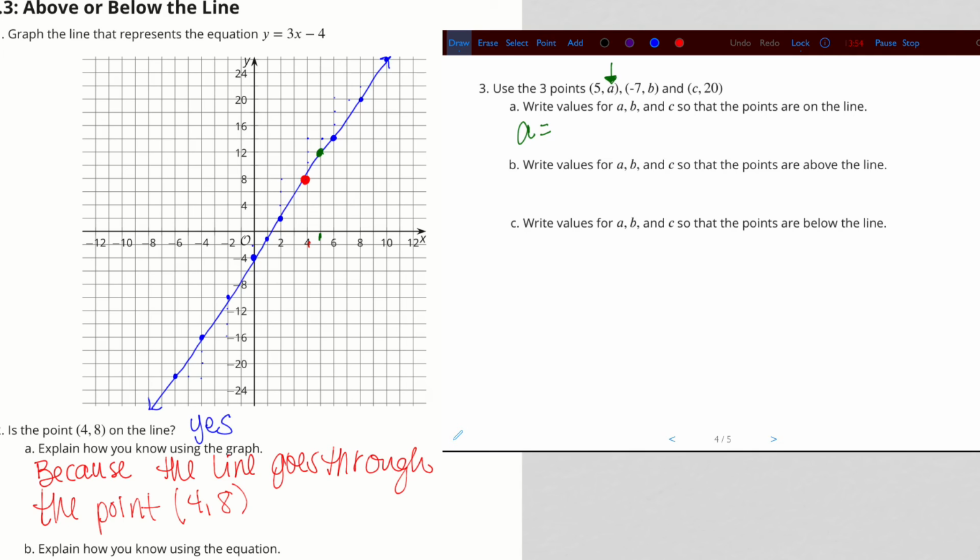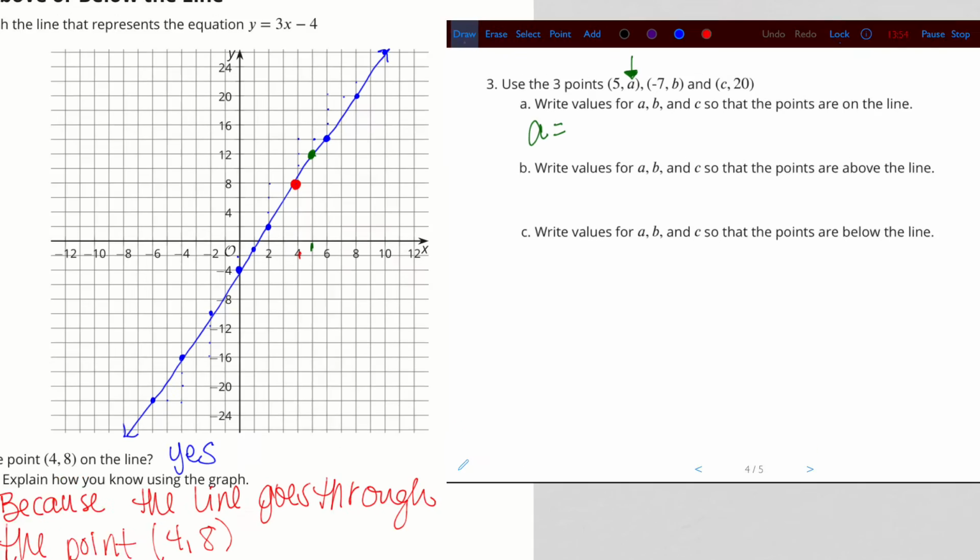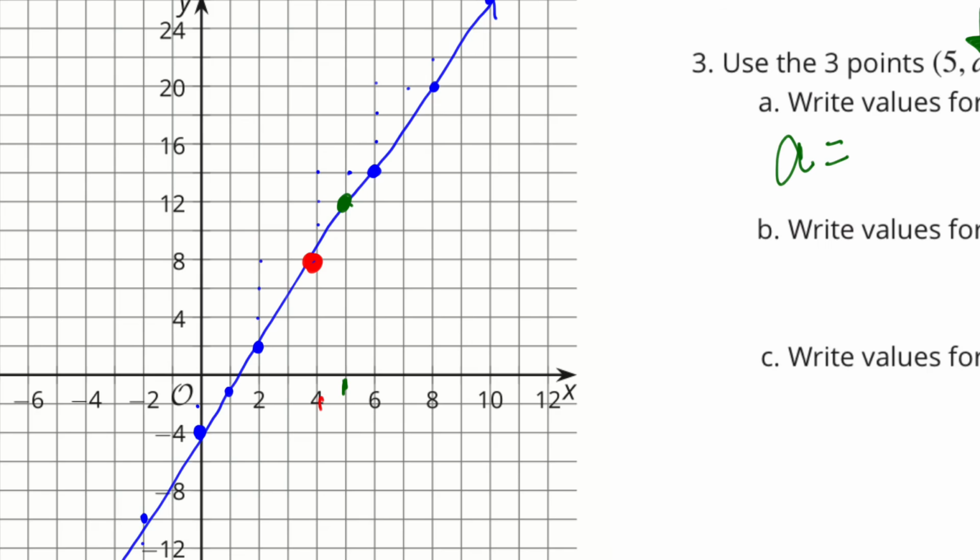So we have our x value, which is 5. If I look up on my graph from 5 right here, what is my y value?